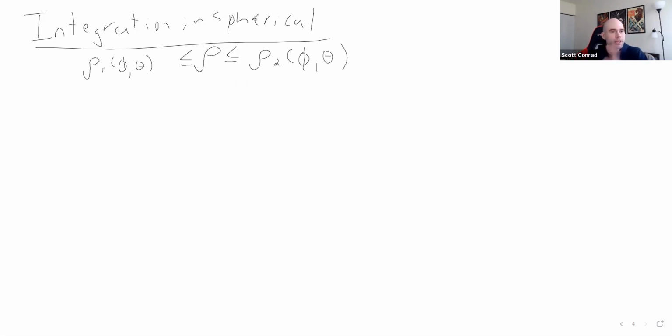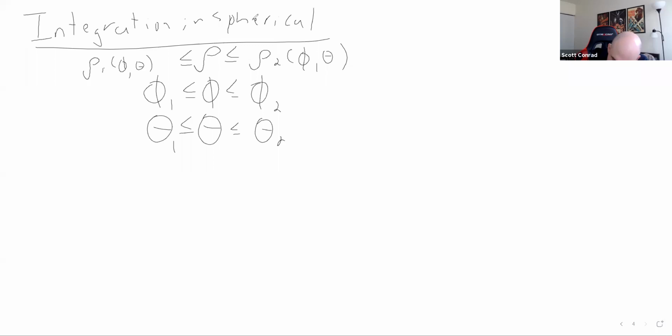But then phi and theta, we require those to be bounded by numbers. So phi lies between phi 1 and phi 2. Theta lies between theta 1 and theta 2. Suppose this is our region W.